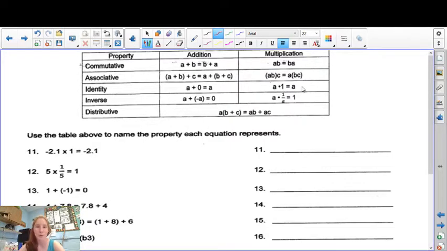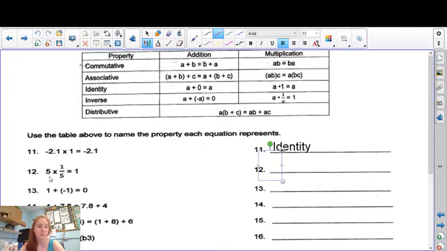Identity, which means I multiply and get it back out. Inverse, which means I multiply by the opposite and get back 1, or distributive, where I move it together. Good, that should be multiplicative, so I can read identity, because I multiplied by 1 and got the exact same answer out.